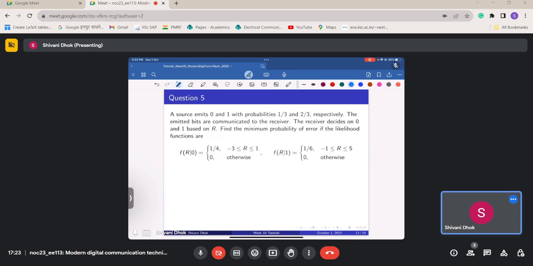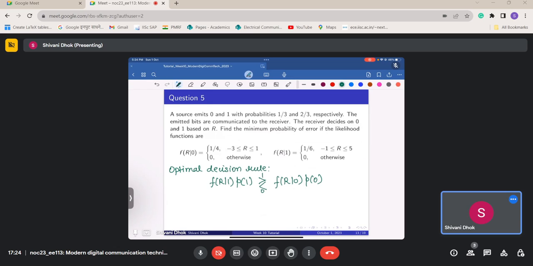So the optimal decision rule is: if f of r given 1 into probability of 1 is greater than f of r given 0 into probability of 0, then decide in favor of 1, otherwise decide in favor of 0.